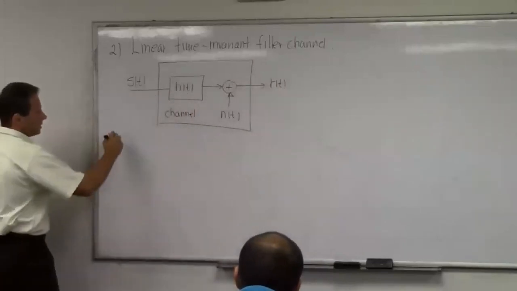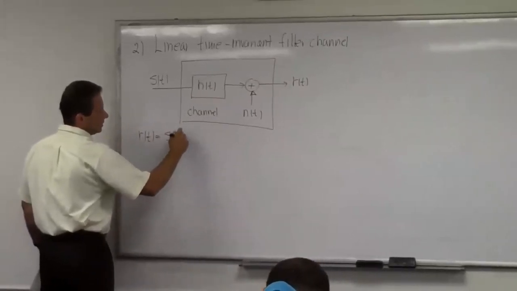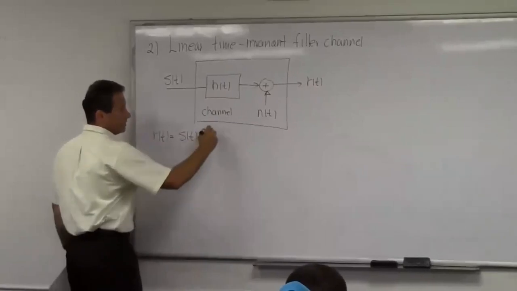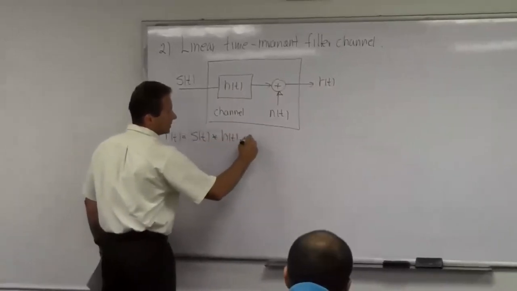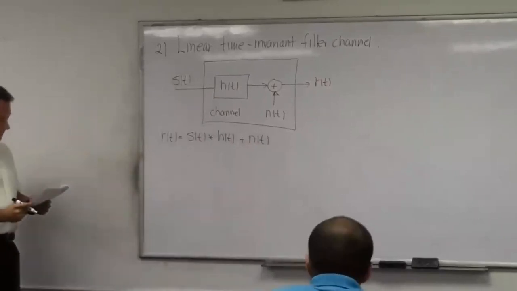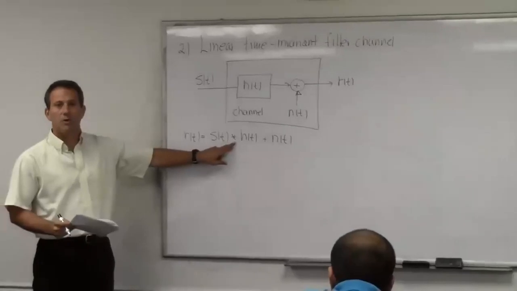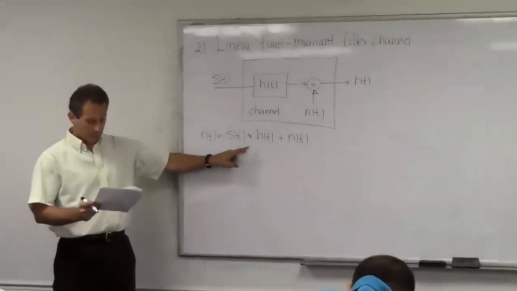In this case, the output signal r(t) is s(t) convolved with h(t) plus n(t). In this expression, this star, as you probably know, indicates the convolution operator.